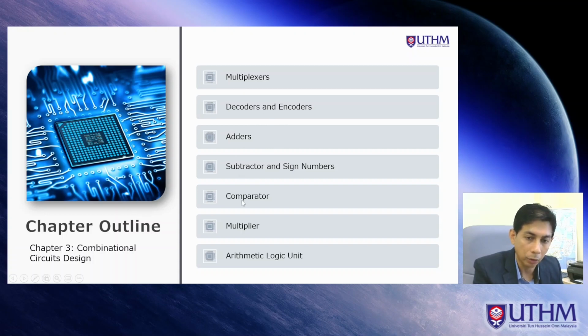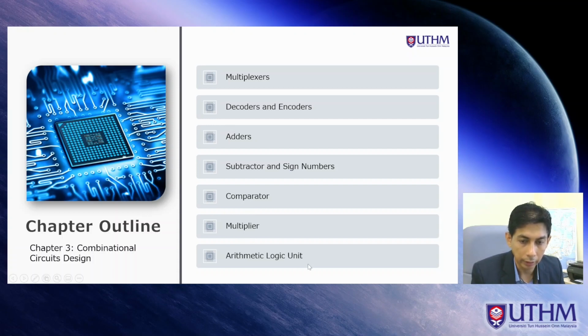These adder, subtractor, comparator, multiplier are the arithmetic circuits, which are very important in digital systems, especially in computers, right? Where we use this kind of circuit for computing, to do the arithmetic.